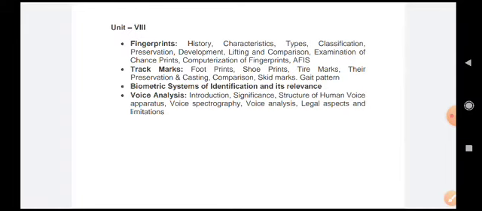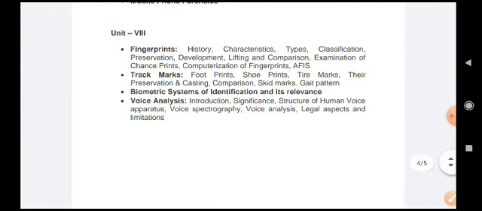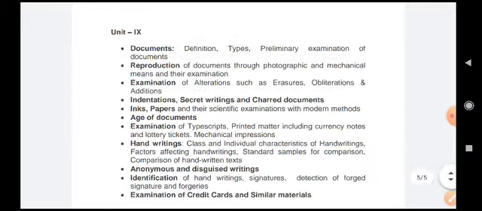From here the fingerprint, various methods of lifting, okay, and examination are asked, and sometimes terms related to voice analysis like the modulation, the pitch or the human voice apparatus, terms related to this are asked.